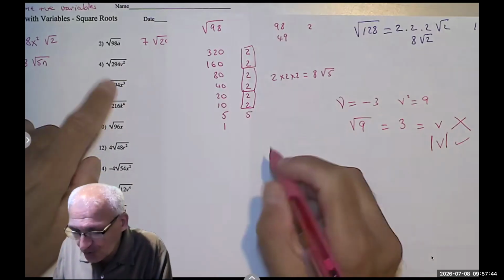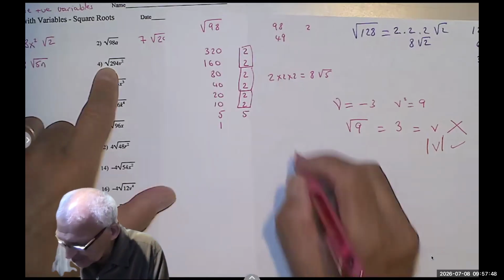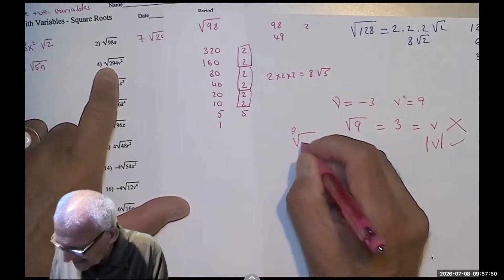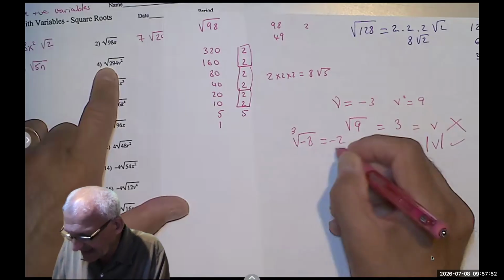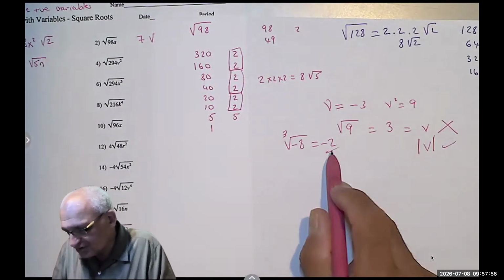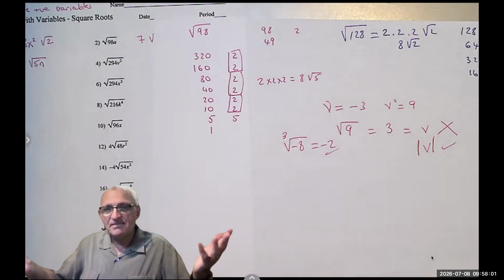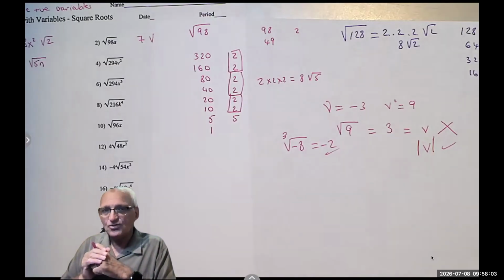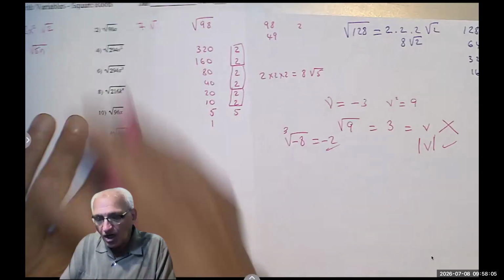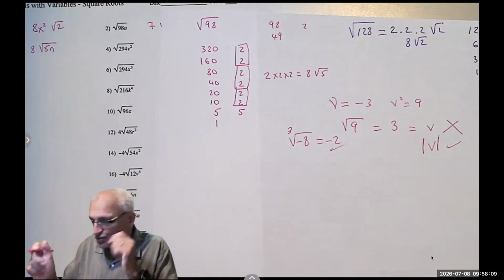If this was a cube root, I wouldn't mind. Why? Because the cube root, say, of -8 is -2. I can get a negative answer. That's fine. If 8 is positive, I get 2. If it's -8, I get -2. So I don't care about an absolute value. But all of these are square roots, meaning the root is 2.